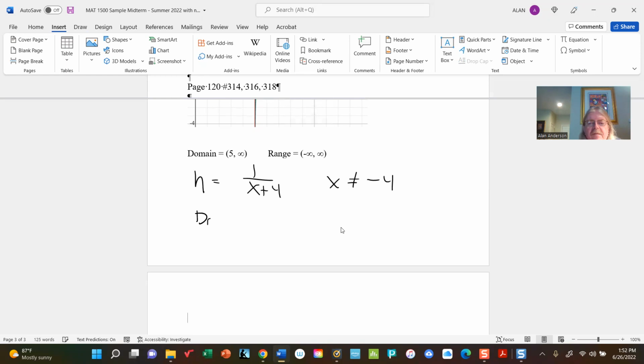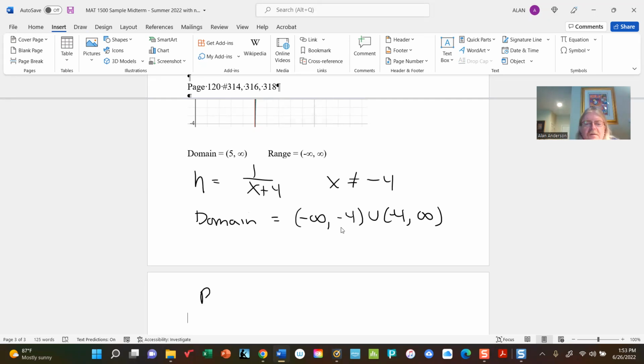The domain is everything except -4. And you'll recall that we write this as the union of two intervals: from negative infinity up to, but not including -4, and then we combine that with everything above -4, not including -4, up to infinity.